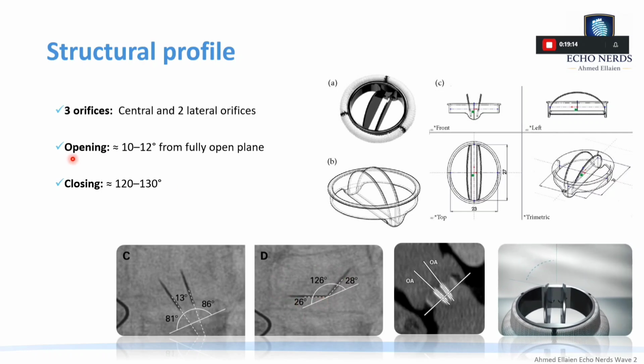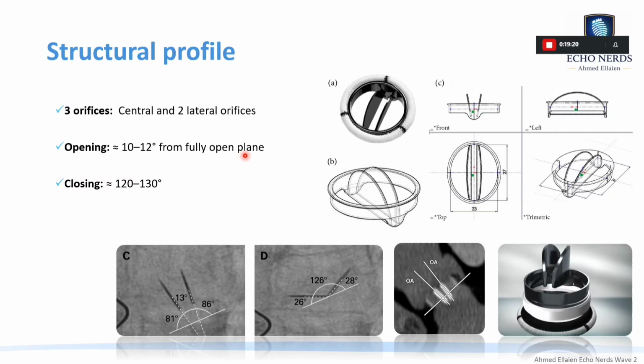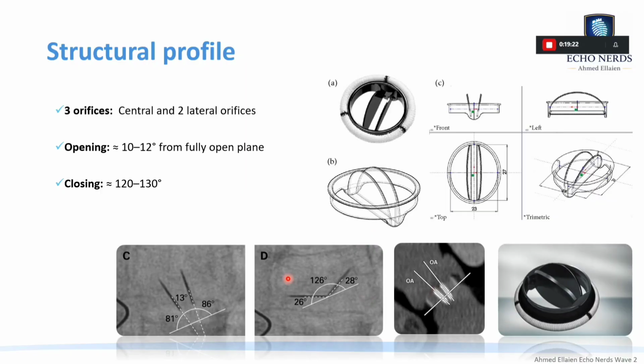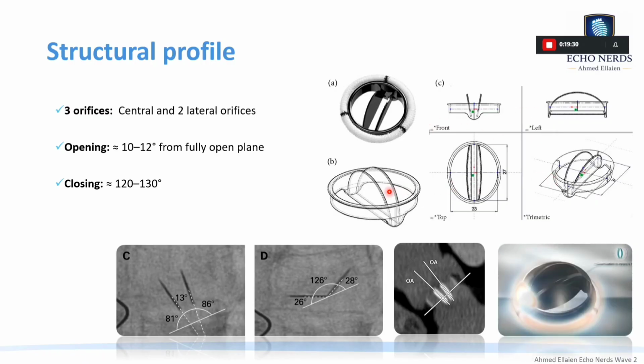So knowing the opening and closing angle of the bileaflet valve is very important to appreciate its movement in echocardiography, in CT, in cine fluoroscopy. All have the same concept, and in those diagrams we appreciate those concepts of opening and closing angles.